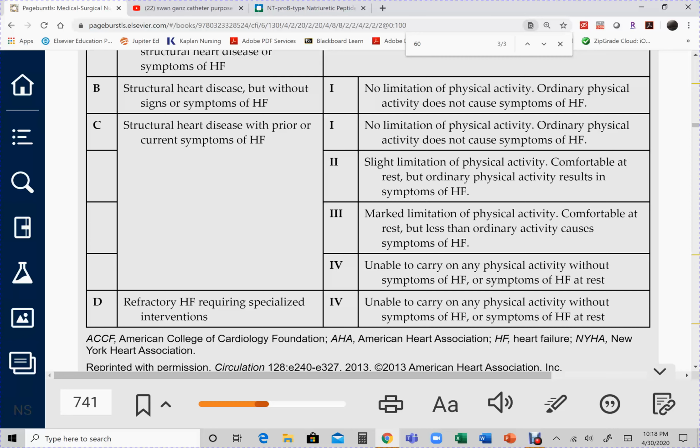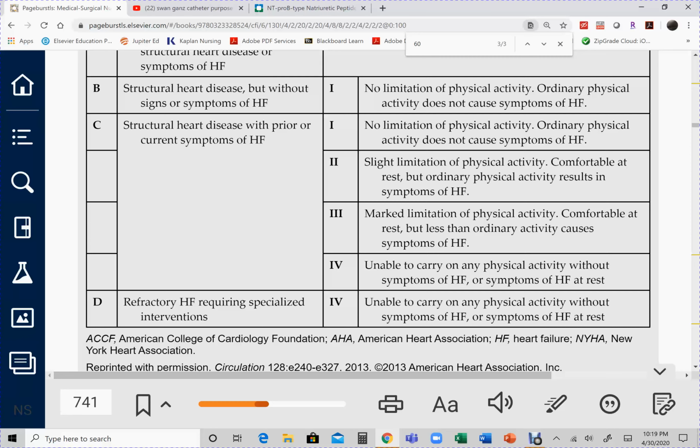So the question went, the patient is at 35 weeks of gestation, so close to full term already, and she had heart failure classification a class 2.